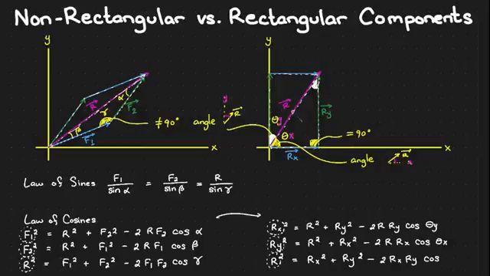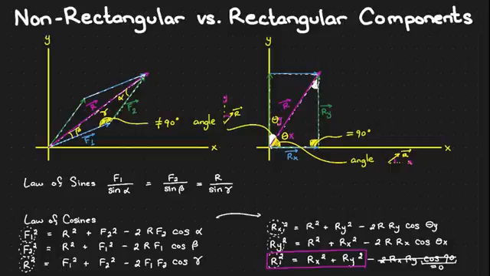Well, the angle that is opposite of the resultant in a right triangle is always 90 degrees, and cosine 90 is equal to 0. So therefore, the third term on the right side of the equation for this law of cosines is equal to 0. And as you can see, the law of cosines for the resultant has cascaded into the Pythagorean theorem.